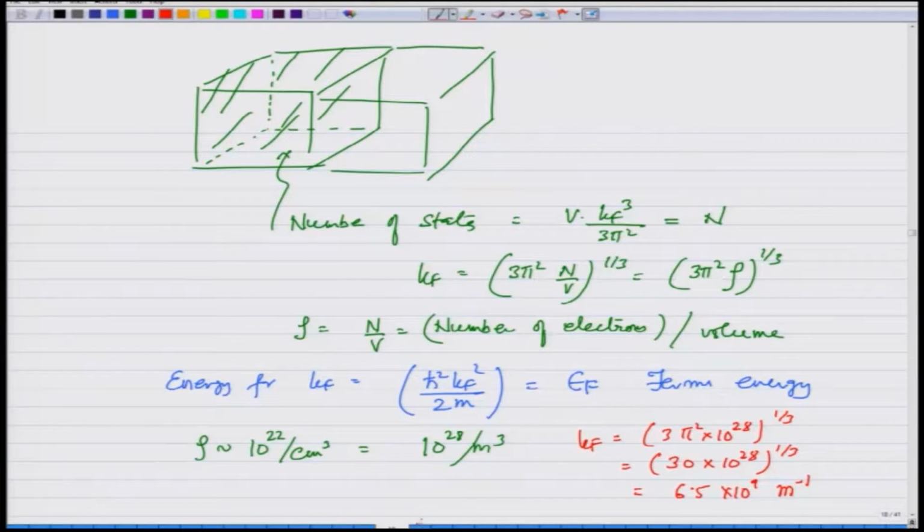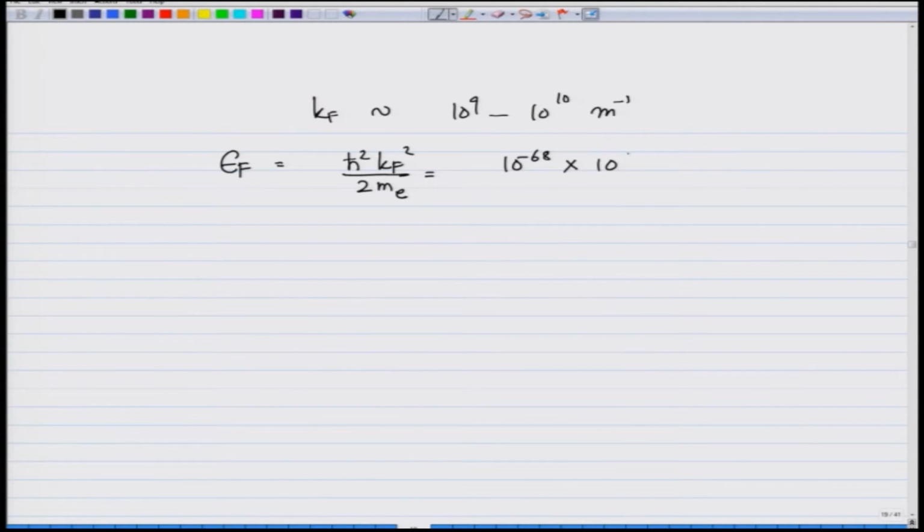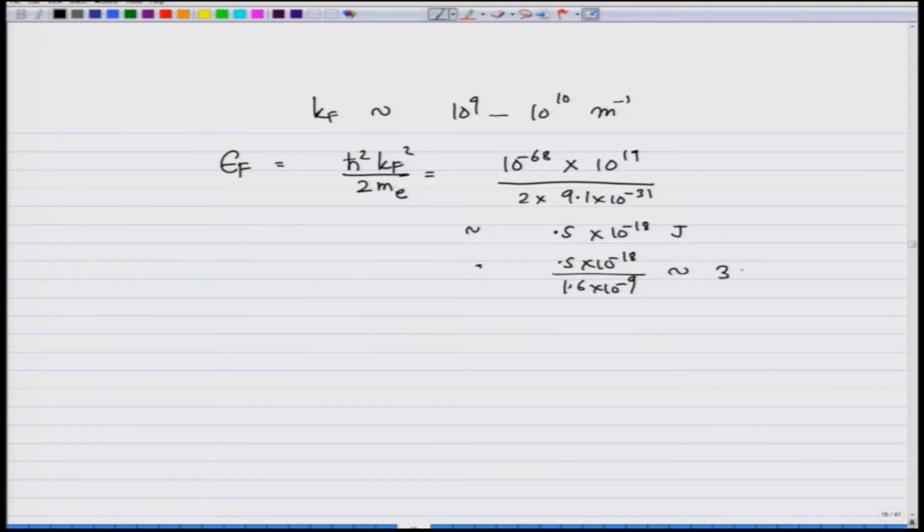So, we can say that in a metal kf is of the order of, let us say, 10 raised to 9 to 10 raised to 10 meter inverse, and epsilon f is going to be equal to h cross square kf square over 2m electrons, which is equal to 10 raised to minus 68 times, let us say, 10 raised to 19 over 2 times 9.1 times 10 raised to minus 31, which comes out to be 0.5 times 10 raised to minus 18 joules, which is equal to 0.5 times 10 raised to minus 18 over 1.6 times 10 raised to minus 19, roughly 3 electron volts.